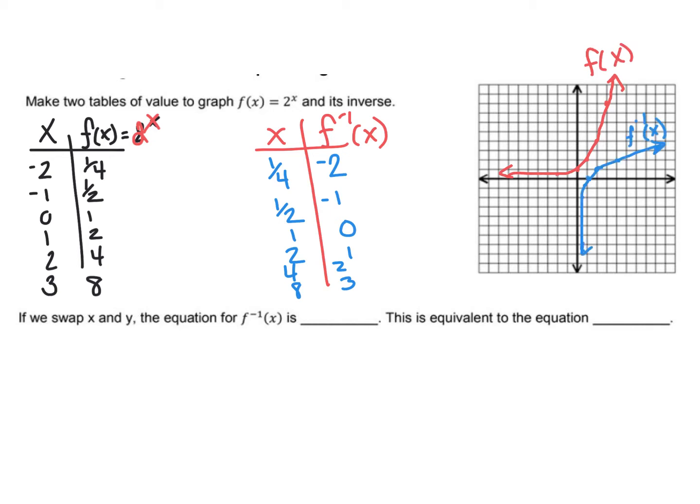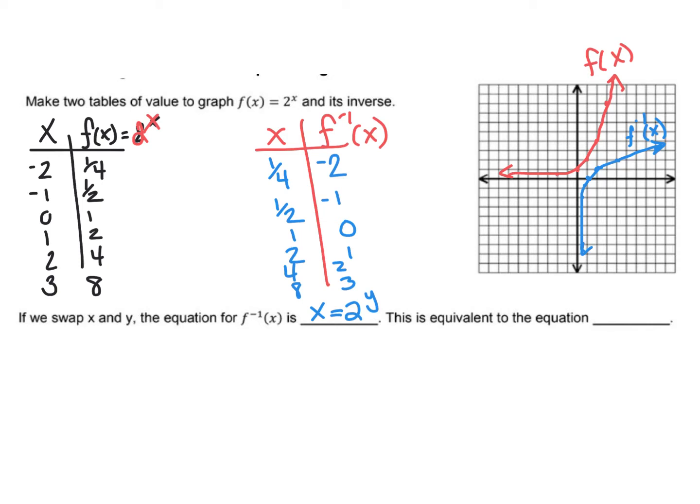So now let's think about what we did with the inverse. If we swap x and y, the equation of f inverse of x would be equivalent to, well, you switch and you would get x equals 2 to the y power, if I switch my x and y from the original f of x function. Now what is this equivalent to?